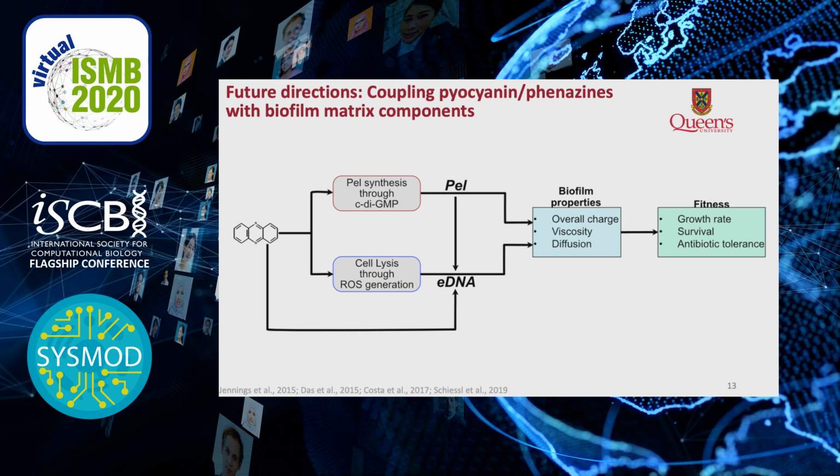This expansion will allow us to test our hypothesis that cells, by tweaking the production of pyocyanin, can change the expression of pathways that lead to the alteration in the composition of biofilms. This control process, we believe, improves the overall fitness of Pseudomonas aeruginosa. We expect that with this study, we can find new insights into how we can treat Pseudomonas aeruginosa infections by effectively targeting its biofilm.